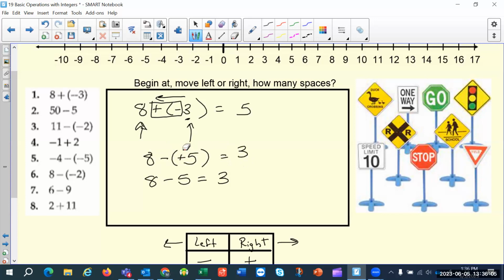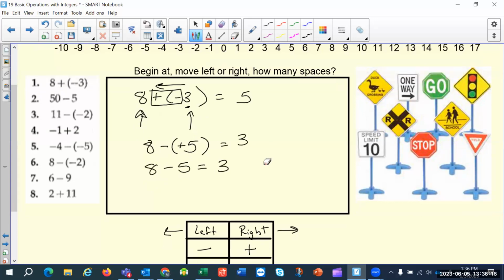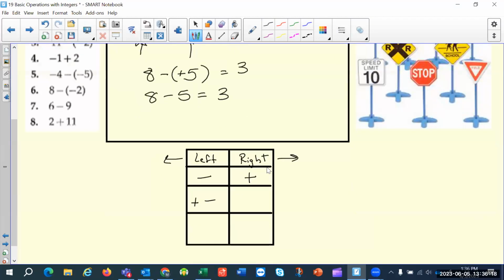It doesn't matter if you call that a positive or not, because here we're just assuming it's a positive 5. 8 minus 5 is 3. 8 minus positive 5 is 3. Does not make any difference. So subtracting a positive also takes you to the left on the number line.